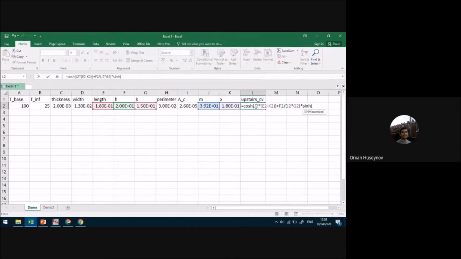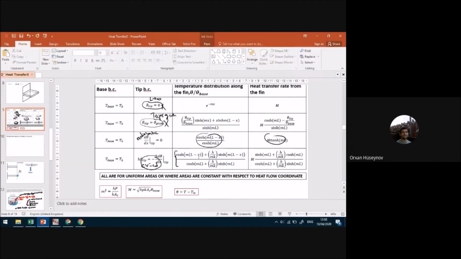So it is the same here. You can see from the formula, this is sinh, so L minus X is 0, that's why this part is 0, M into 0 is 0, therefore cosh is 1, therefore this upstairs makes 1.